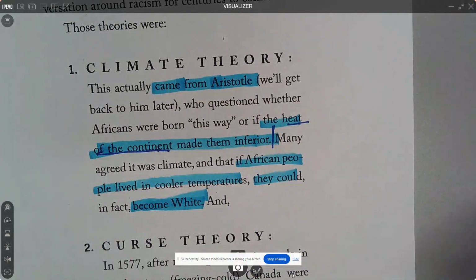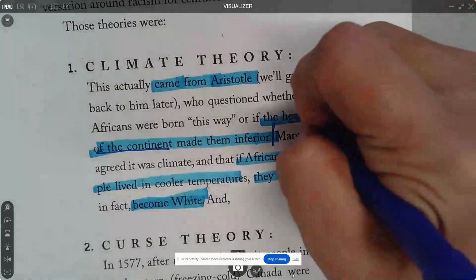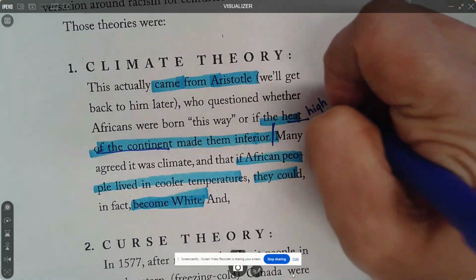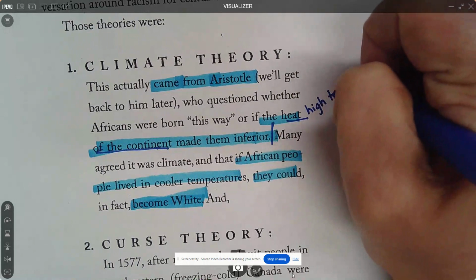I am not really sure. Like the heat of the continent, there's nothing coming to me about how to rephrase that. Basically, it's saying that it is a very hot climate or there are high temperatures, right? Okay, I finally got something. High temperatures.